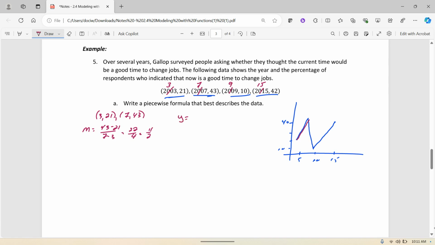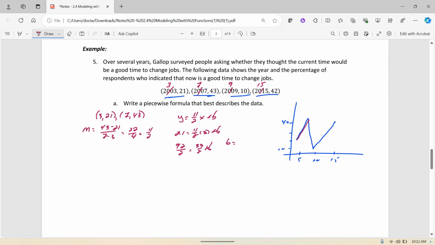If I say y equals mx plus b, if x is 3, y is 21, so we have 21 equals 11 halves times 3. We're going to get into some fractions here. And so we have 21, which we're going to call 42 halves, equals 33 halves plus b.